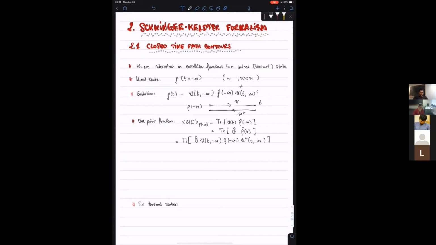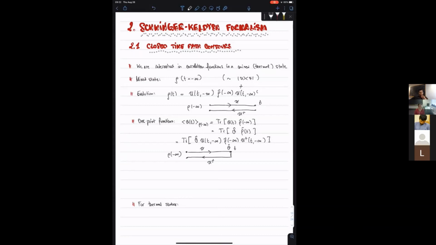Pictorially, taking the trace is like considering this situation instead, where you have the state defined in the infinite past, evolution forward to time t, and then you glue these pieces together and evolve backwards to where the state is defined. And here is where you have inserted the operator.